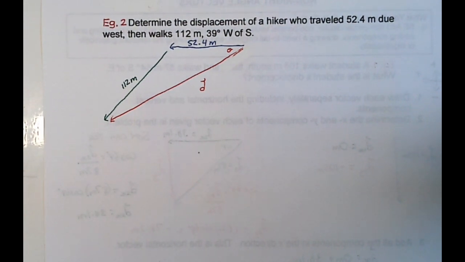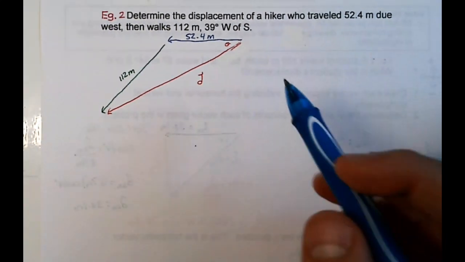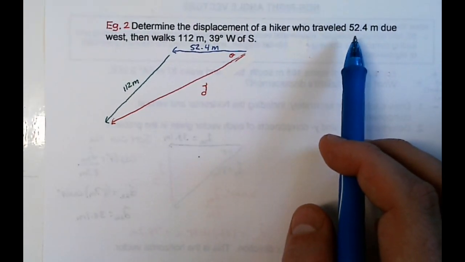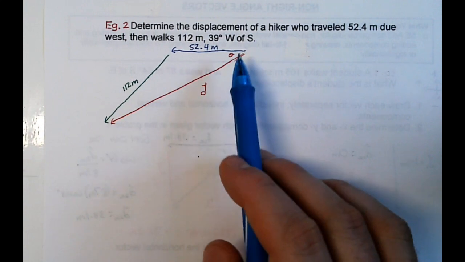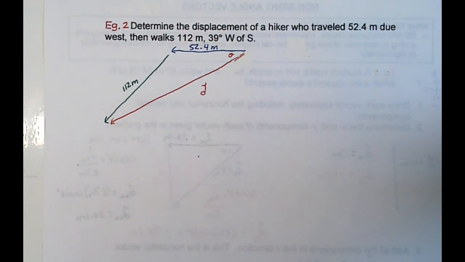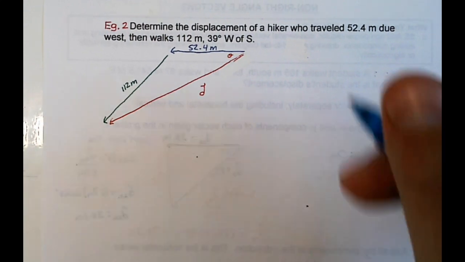So to do this, our first step is to find the x and y components of each part of the trip. In the first leg of the trip, he is traveling 52.4 meters west. So that means he is only traveling horizontally. He does not travel vertically at all.